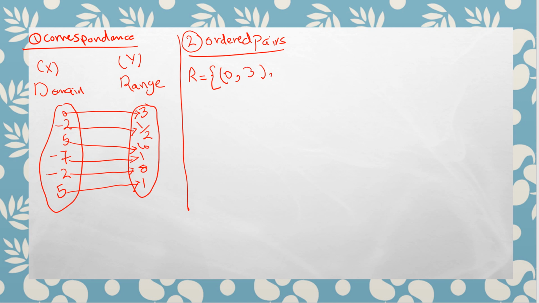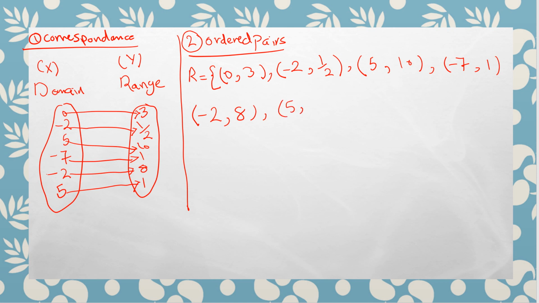The second pair would be -2 and half. The third pair, 5 and 10. The fourth one, -7 and 1. -2 and 8. 5 and 1.